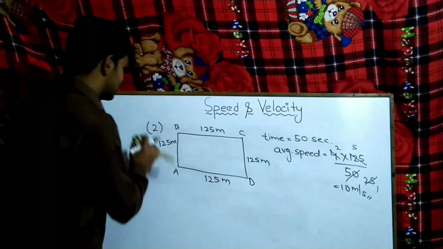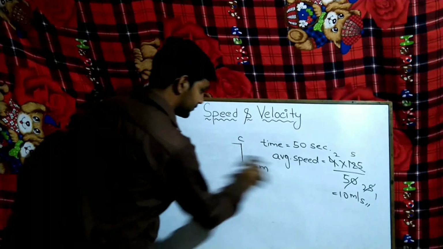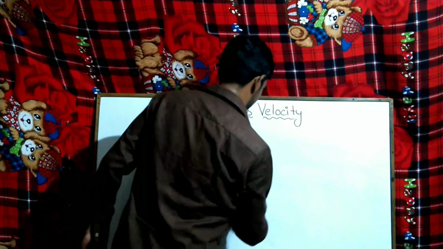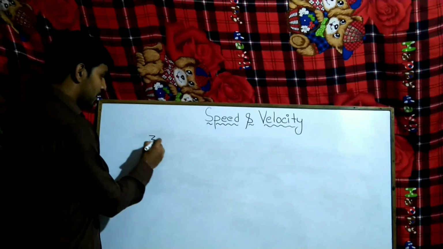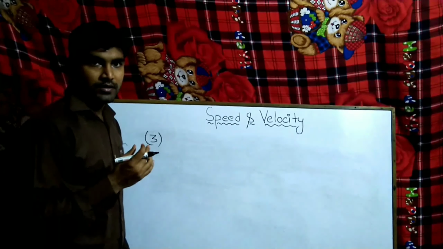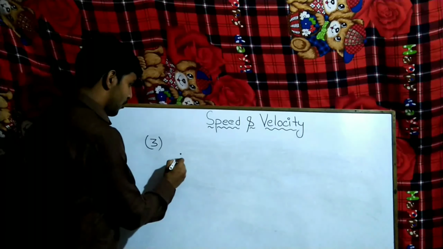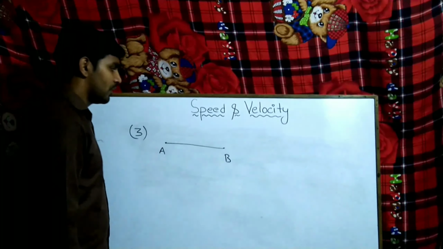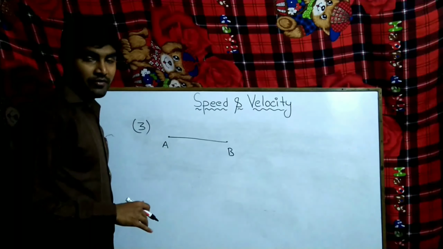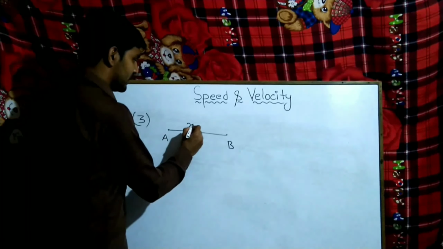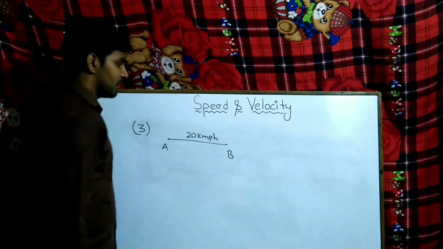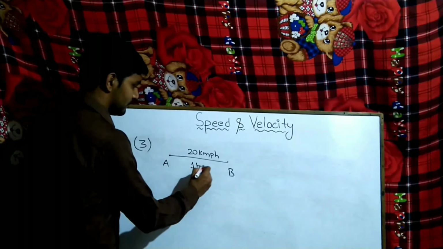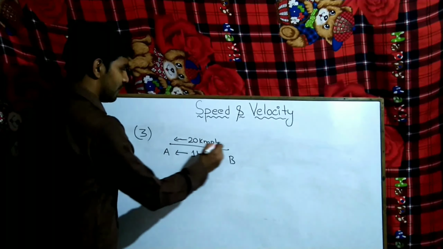Now the third problem. In the third problem, a body starts from point A and moves to point B with a speed of 20 km per hour, and it takes 1 hour to complete.